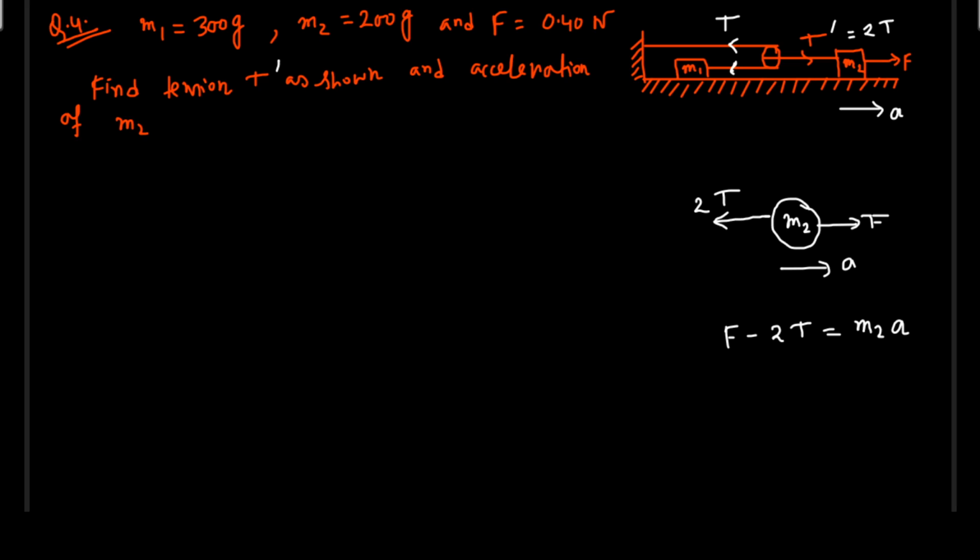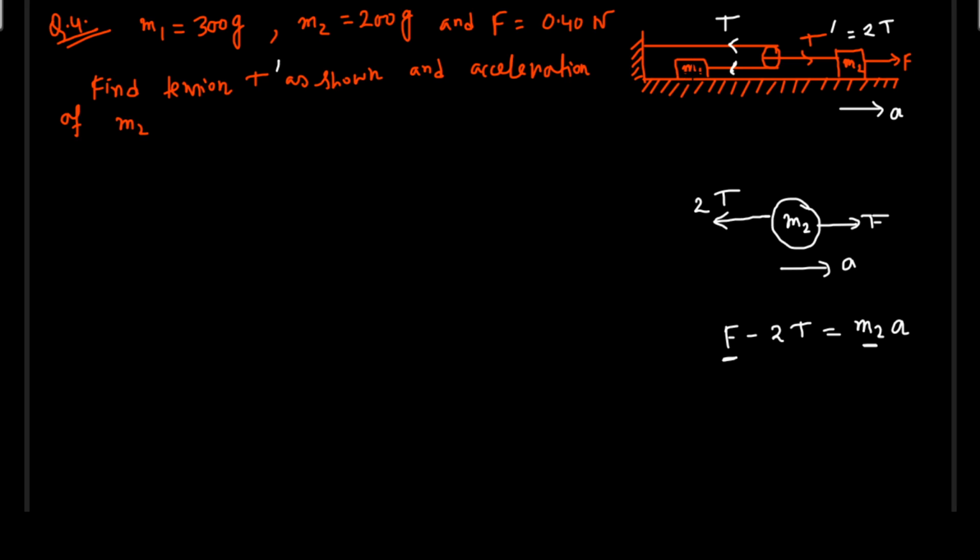Now m1 and m2 are given, and F is also given, but we have to find T and a, so two variables. We need one more equation, so let me write the equation of motion for this mass m1.